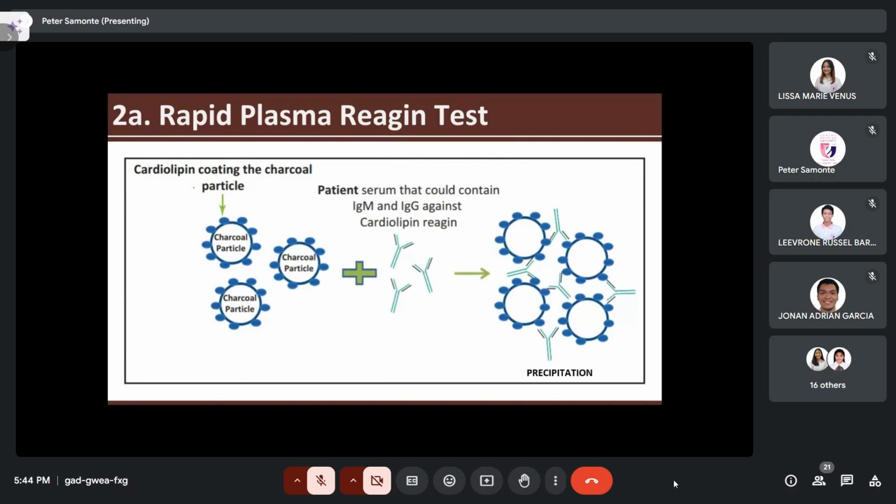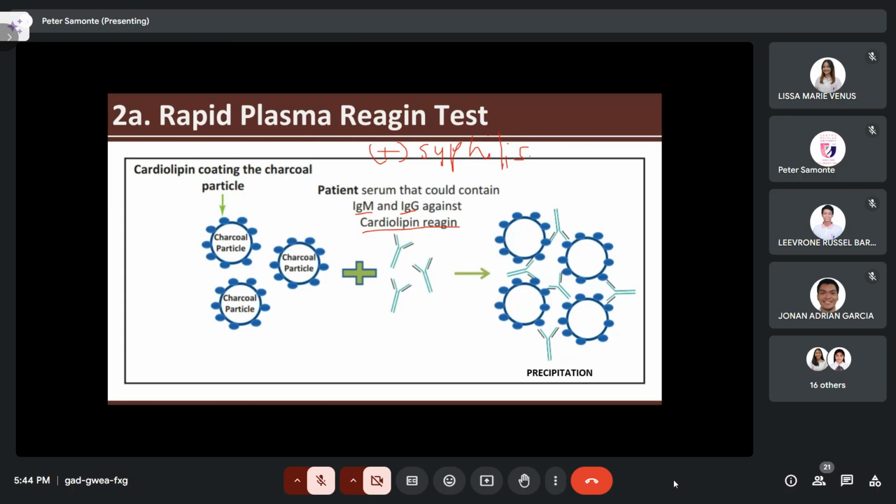So here's the procedure for your RPR test. So cardiolipin would coat the charcoal particle. Remember, class, in precipitation you would use certain particles. In this case, the particle used is charcoal. So cardiolipin, which is the antigen, would coat the charcoal particle. You now add your patient serum that would contain IgM and IgG against your cardiolipin reagent. Now, let's say class, the patient has syphilis. The patient is positive for syphilis.